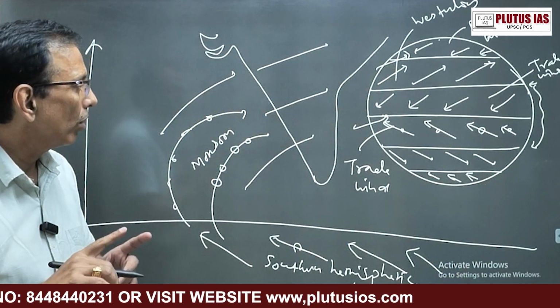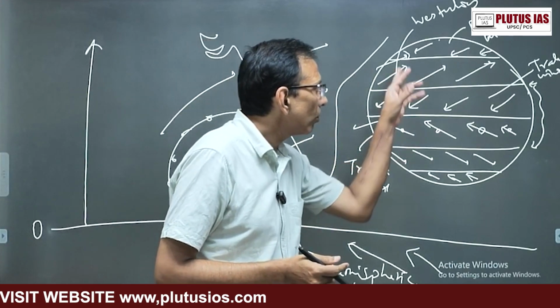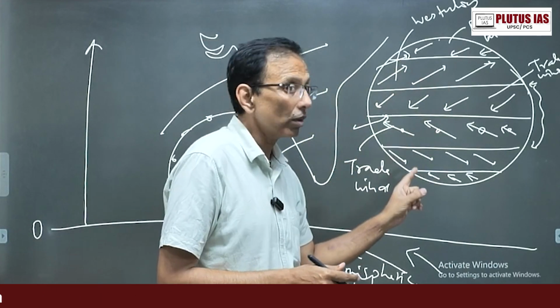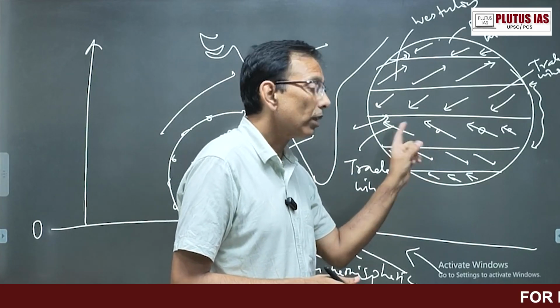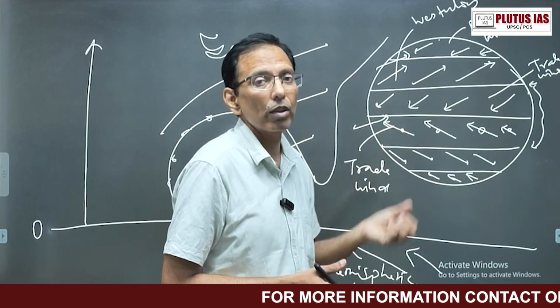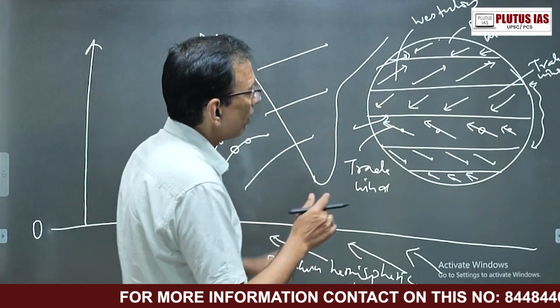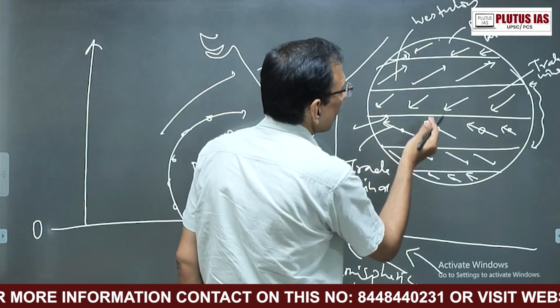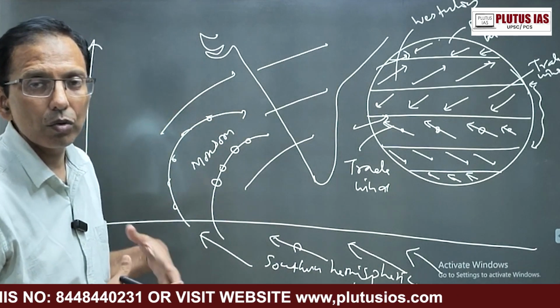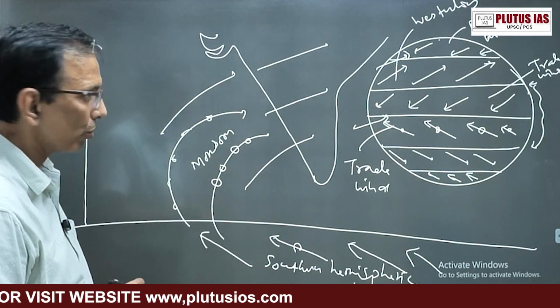You have to focus only on what types of winds are there over the globe, not how they originate, because that is a separate topic of discussion. Today we'll discuss how they move and develop into monsoon.